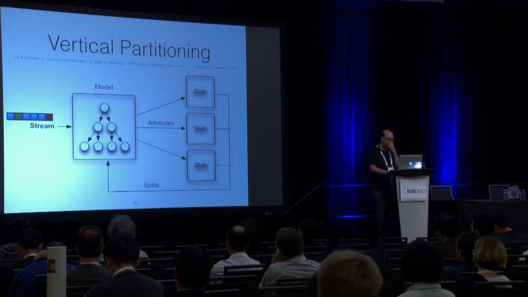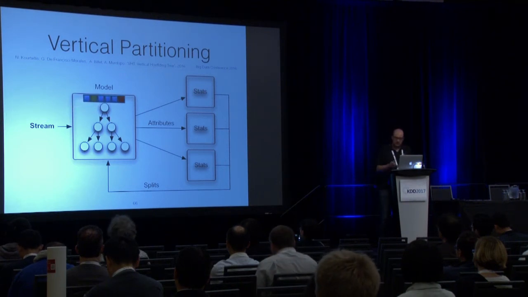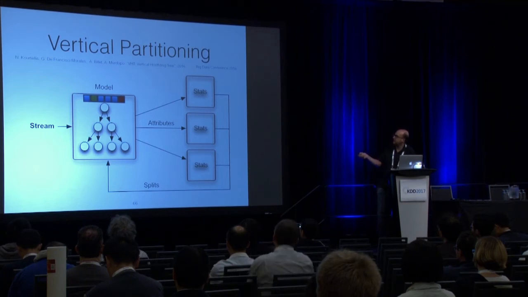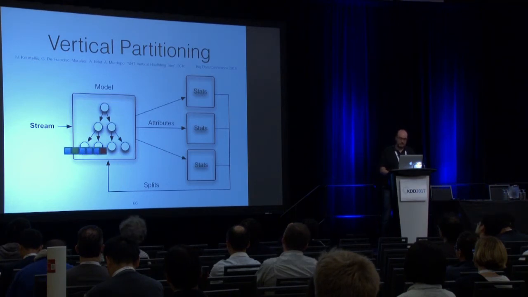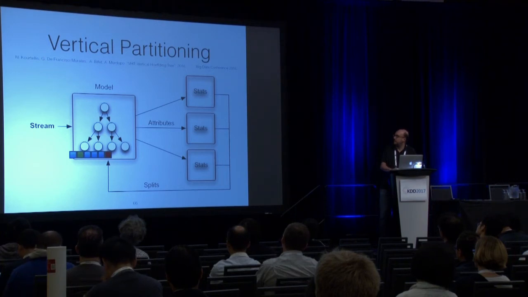So let me show you an example. Imagine that we have an instance that has arrived. We look at the second attribute, the green one, and the red one is the class that we want to predict. The instance arrives, goes to the leaf of the model, and then we send this information to a specific node. We see that in that case, the second attribute goes to this node.